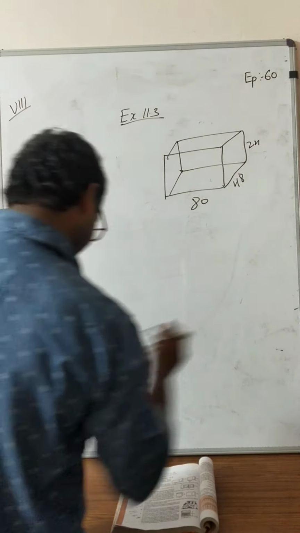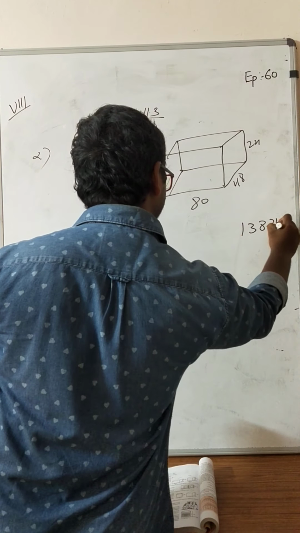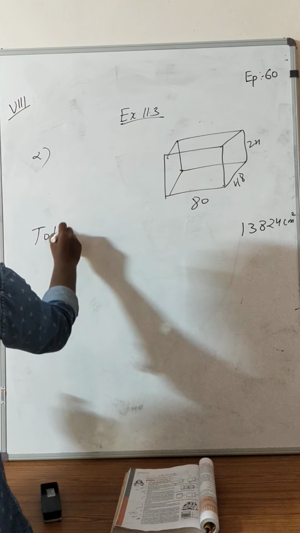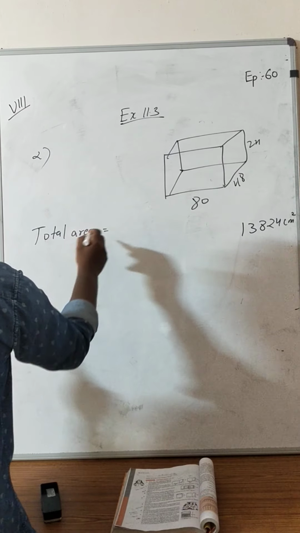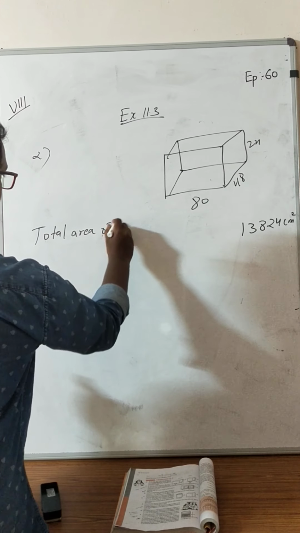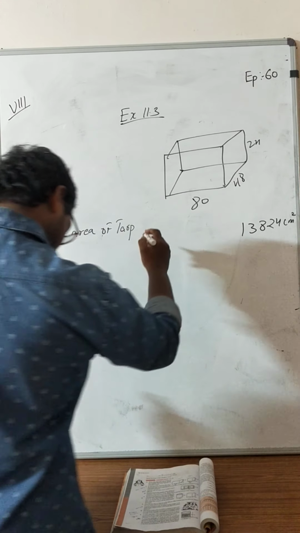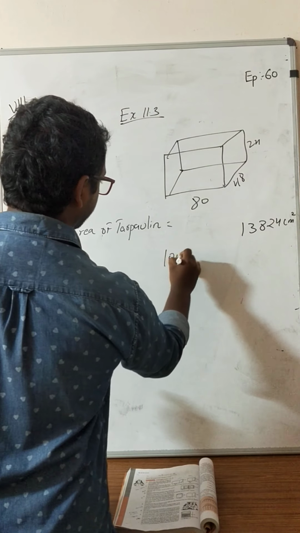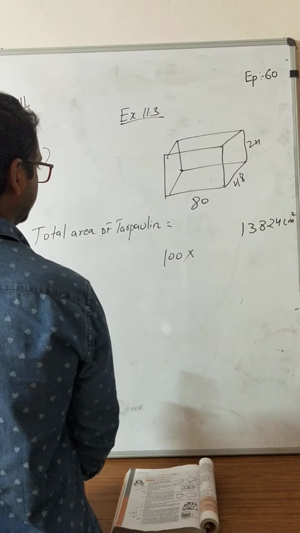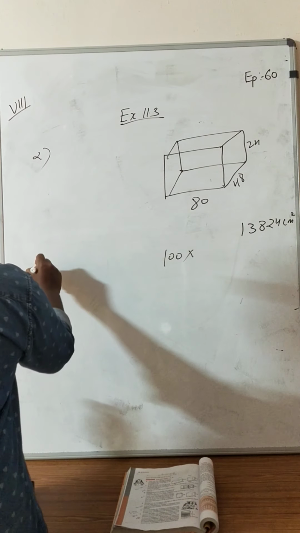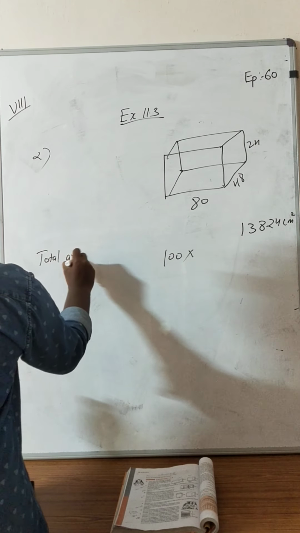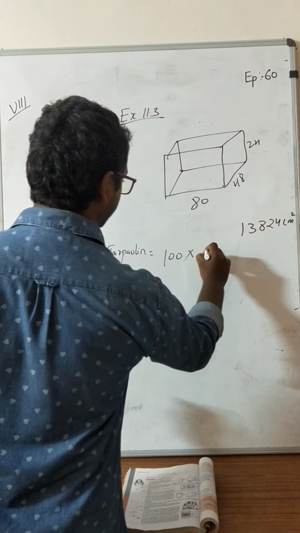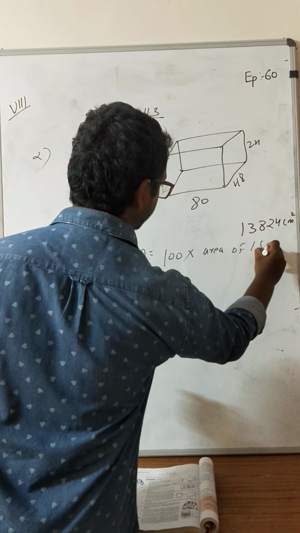One suitcase is 13824 centimeter square. Total area of tarpaulin is equal to 100 into the area of one suitcase.